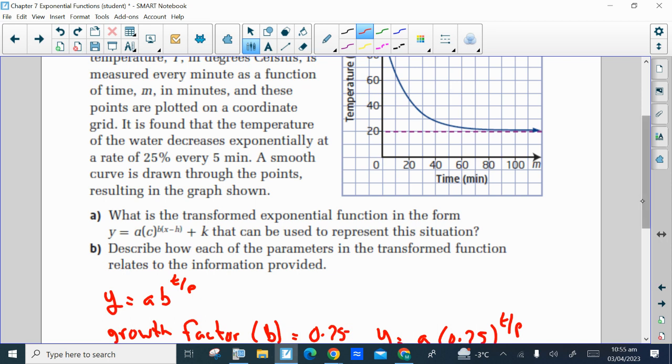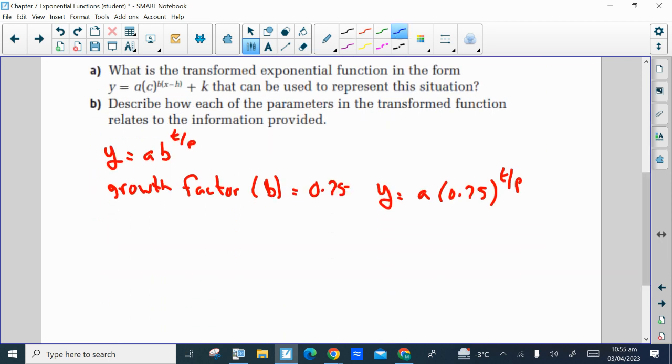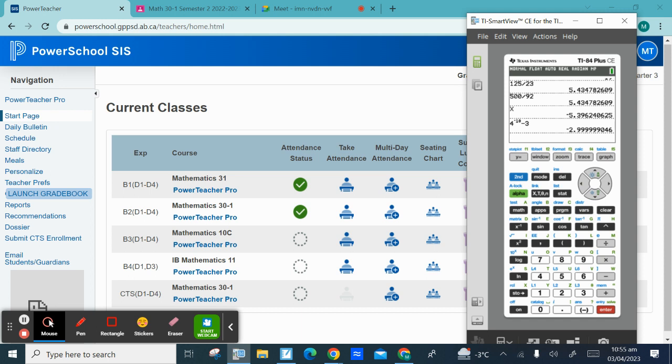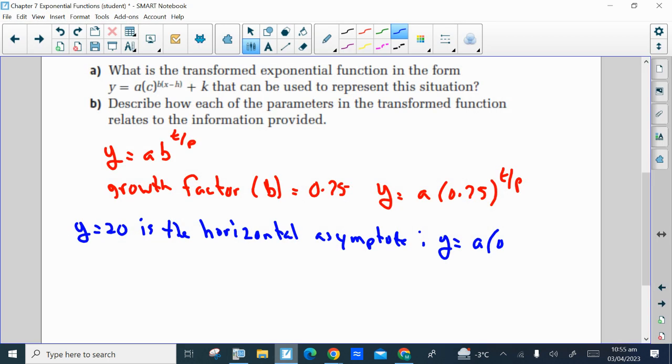So again, because y equals 20 is a horizontal asymptote, that will be our k value. So we can now say y equals a times 0.75 to the power t over p plus 20.